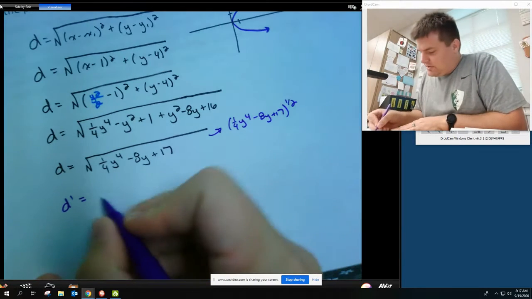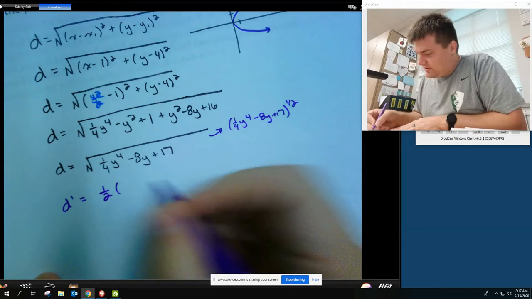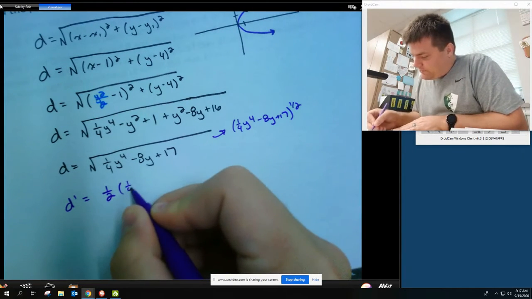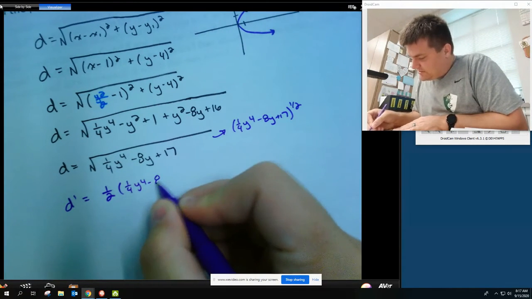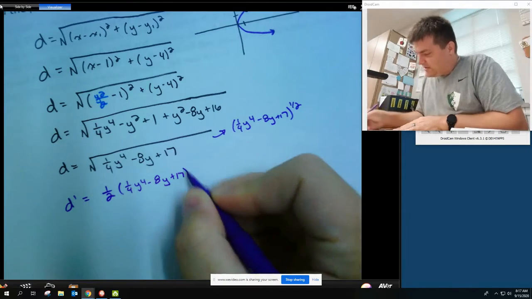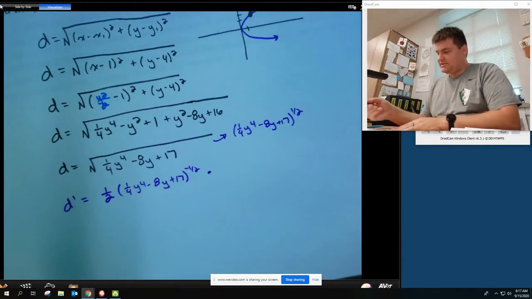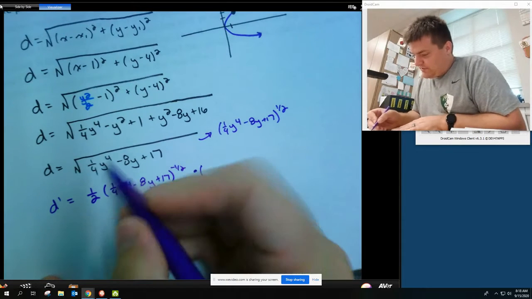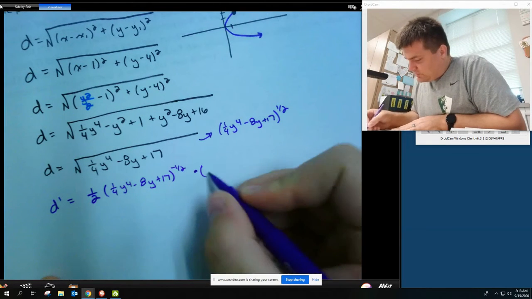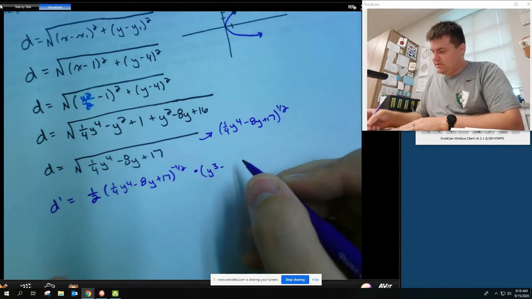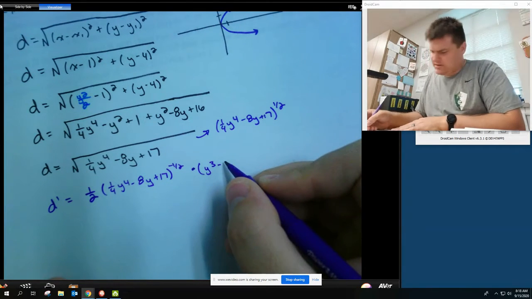So this is going to give me 1/2, 1/4 y to the 4th minus 8y plus 17. So I'm taking the derivative of the outside first times the derivative of the inside, which is going to be y to the 3rd minus 8.